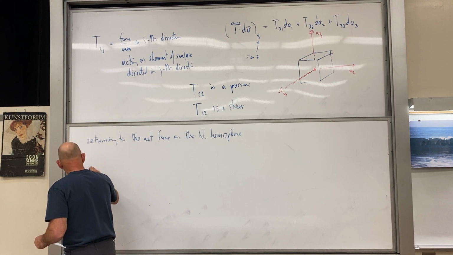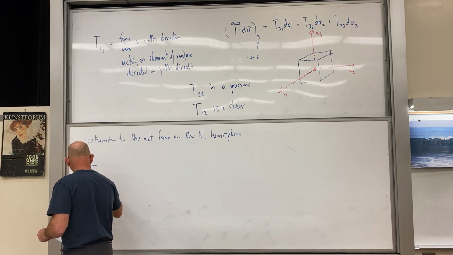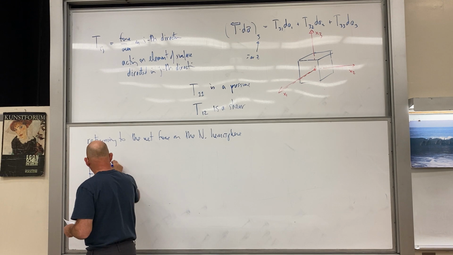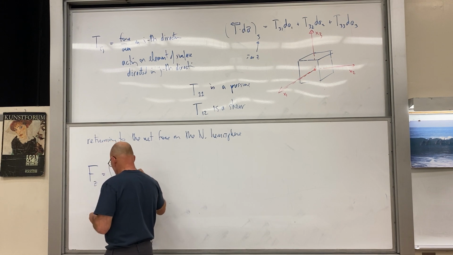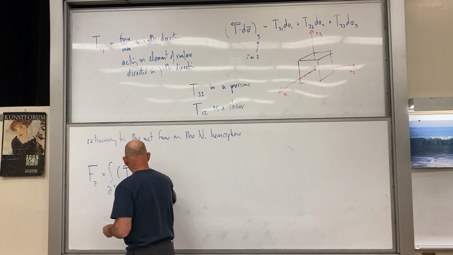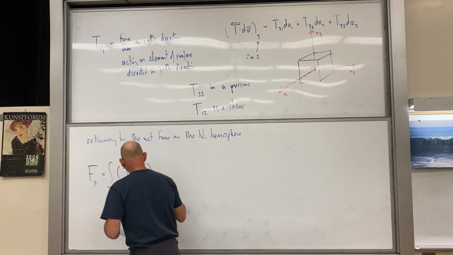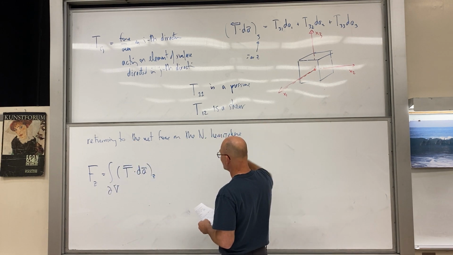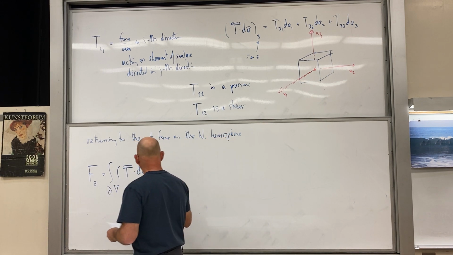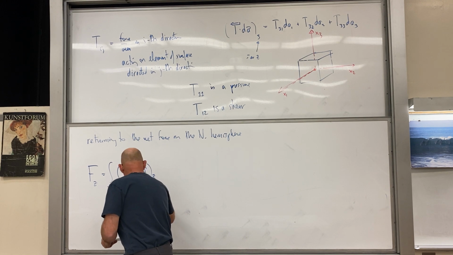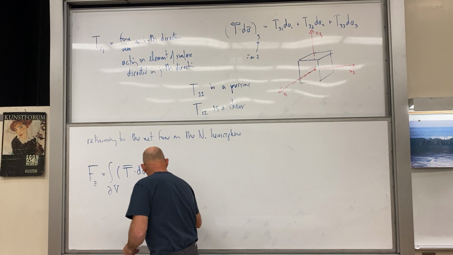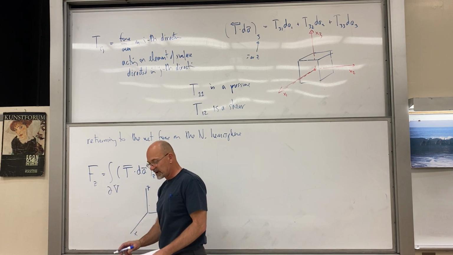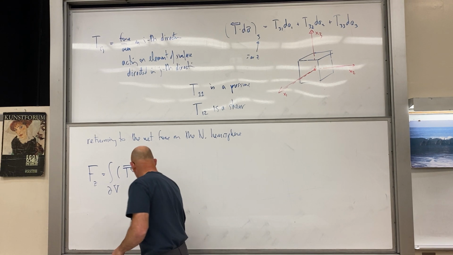So first of all, we're going to have F sub Z, or F sub 3, it'll be the surface of this dA Z, or 3. So that's what we have up there. I can define our surface right now. So if this is X, Y, Z, we have that hemisphere here.